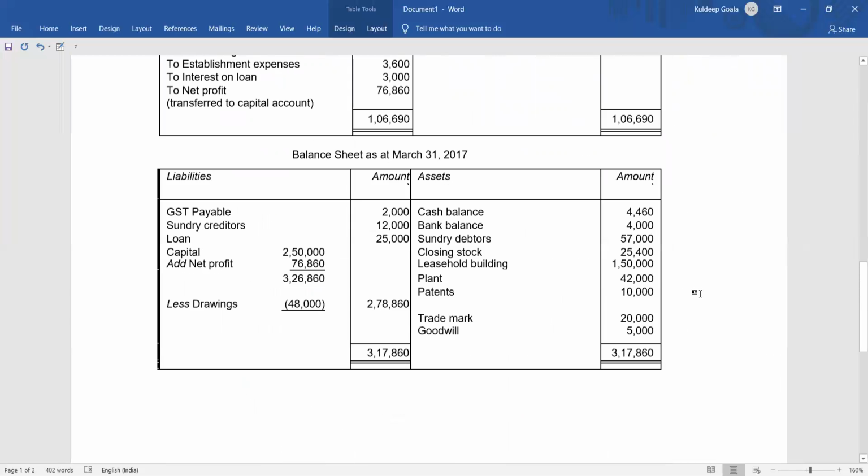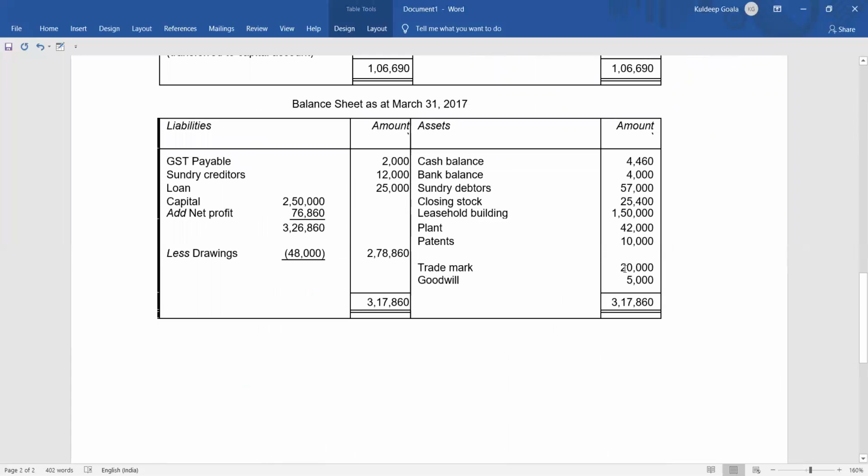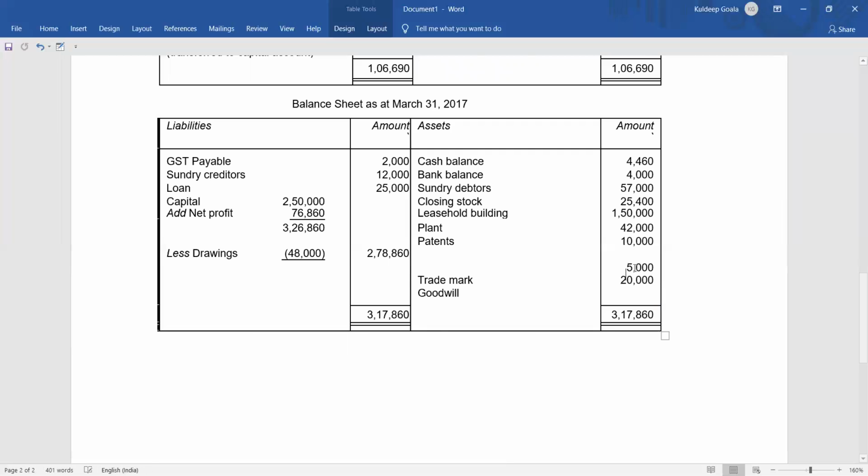There is a mistake here in the amount. Okay, now it is okay. So the trademark is 5,000 and the goodwill is 20,000. Right?